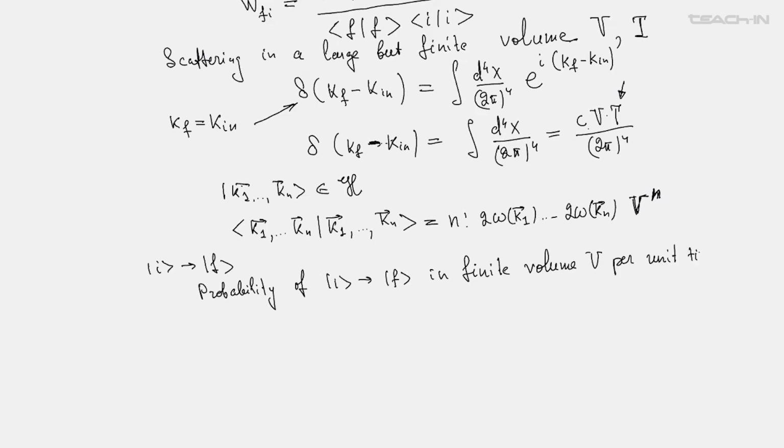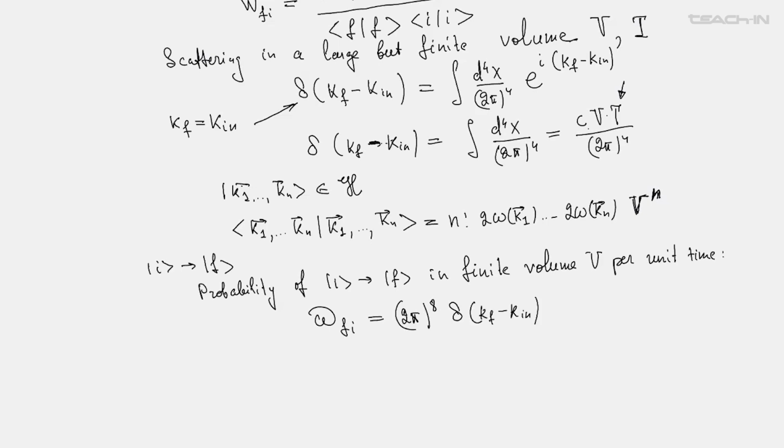Let's write it as curly omega fi, and it is then written as (2 pi)^8. One delta function we leave to represent the conservation of momentum and energy, as discussed.